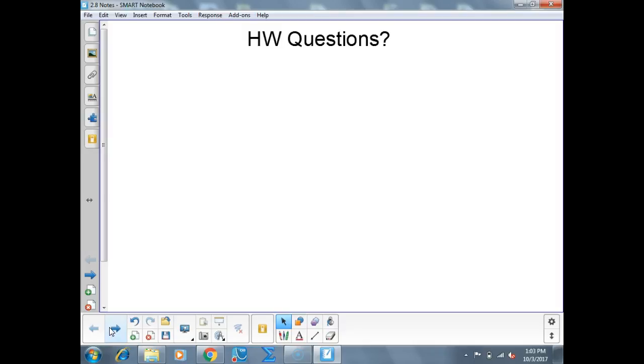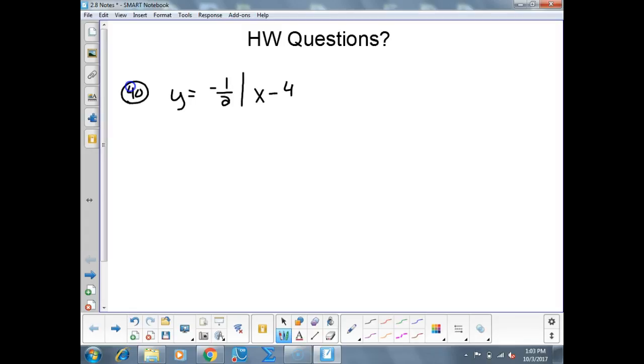Okay. And the equation in number 40 was y equals negative 1/2 times the absolute value of x minus 4, then plus 2, correct? Okay. Part A said you needed to graph said equation.